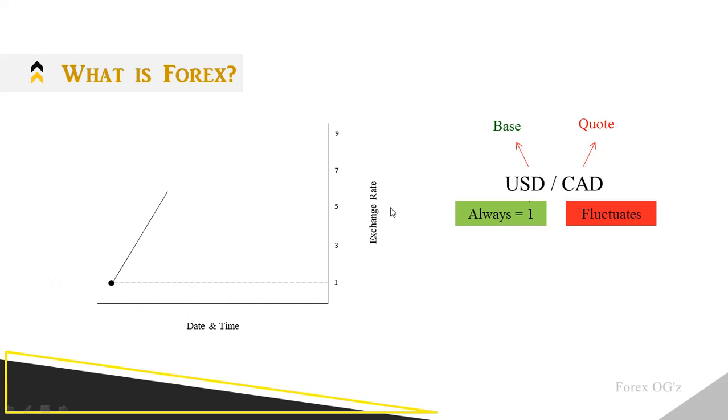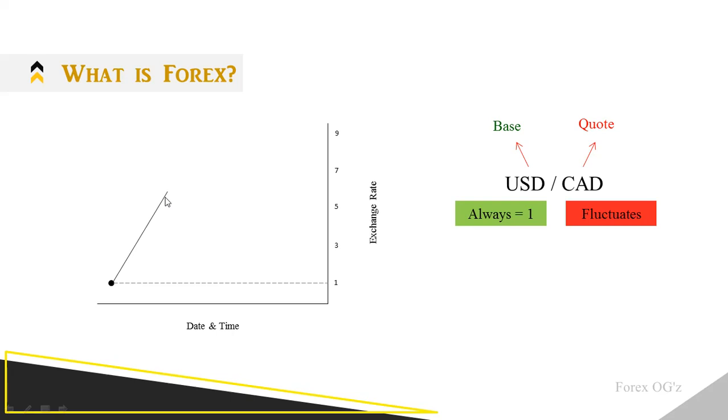Right, now I want to show you the values of the individual currencies, and how they are affected on the price chart, right? Let's begin with the USD. Whenever price trades higher, that means that the USD is getting stronger in value. Why? Because the Canadian dollar is getting weaker against the USD, right?